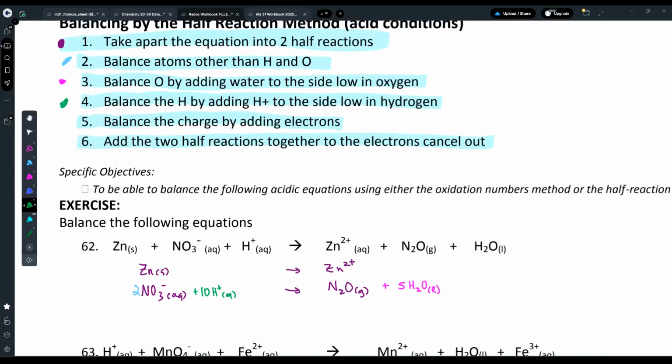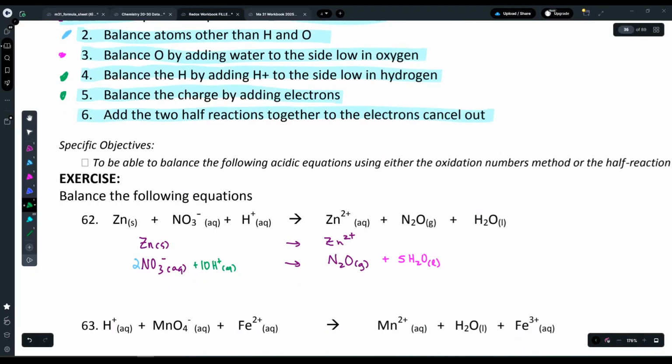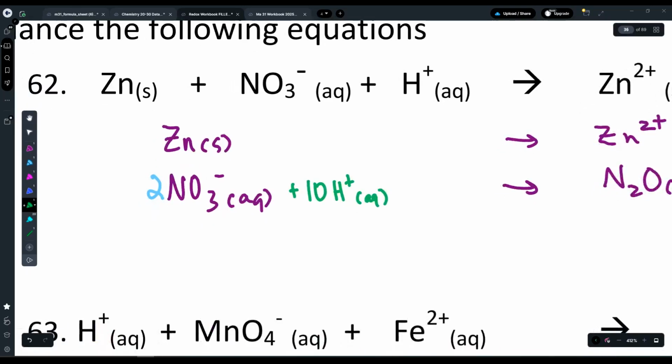Now what I'm going to do is balance out the charges by adding electrons here. Okay, I'm running out of colors here, so we'll just keep on doing it with green. Looking at the reactant side, I have 2 times -1, so that's -2 coming from the nitrate ions, and then I have +10 coming from the hydrogen ions here.